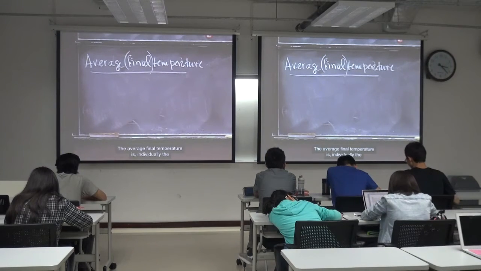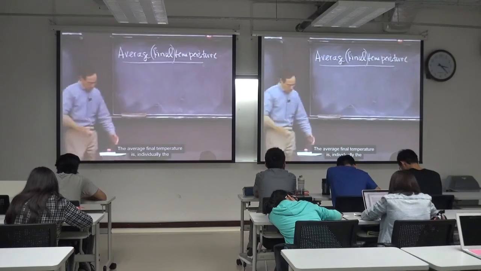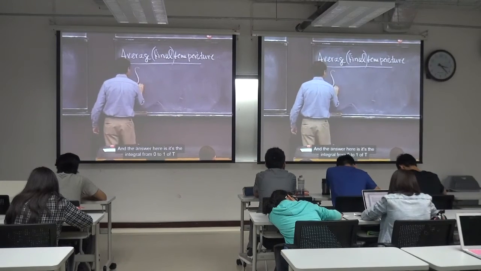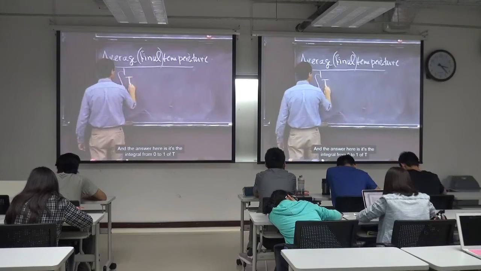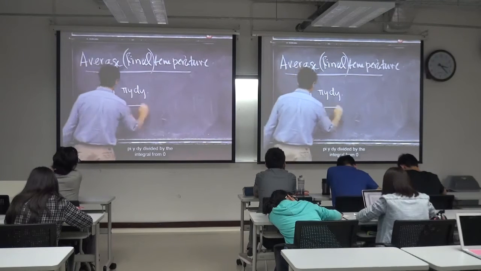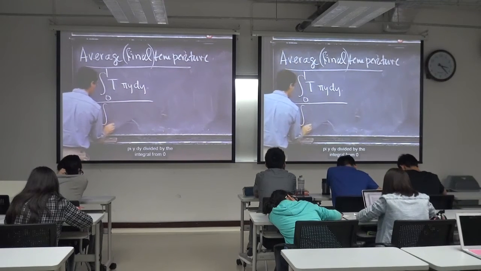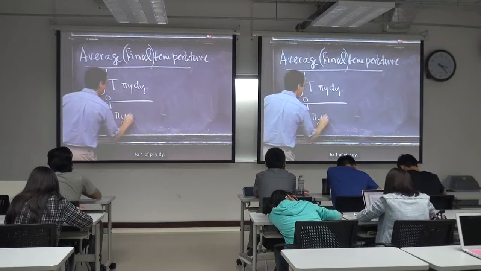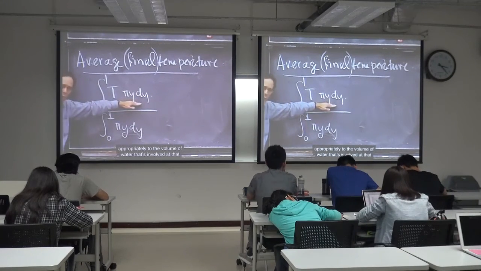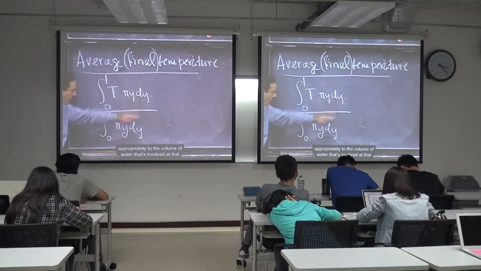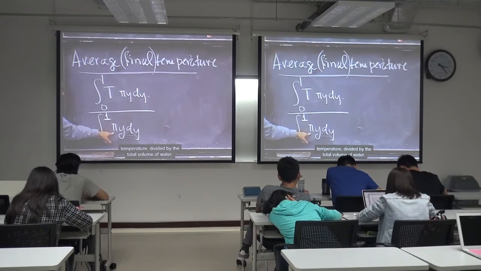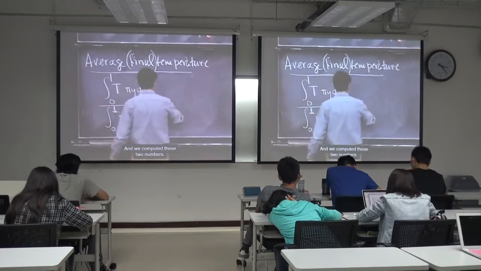The average final temperature is interesting, because individually the temperatures are different. The answer here is the integral from 0 to 1 of t times pi y dy divided by the integral from 0 to 1 of pi y dy. So this is the total temperature weighted appropriately to the volume of water that's involved at that temperature divided by the total volume of water. And we computed these two numbers.